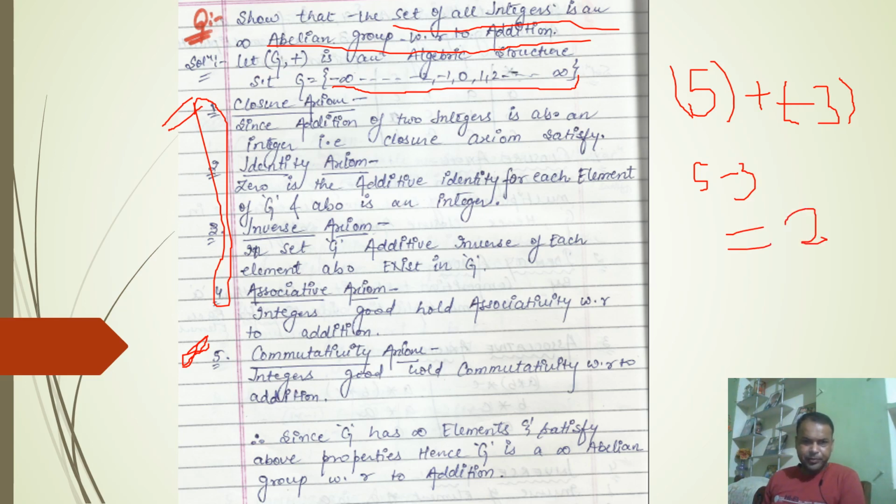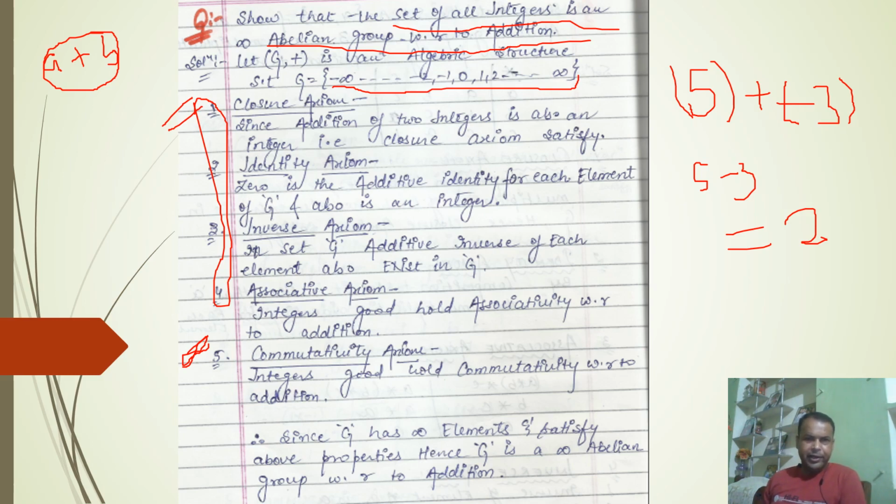It means if we take any two elements A and B and we take their sum, then the resultant will also belong to this family, and the family is the integer family. So it is obvious that our closure property is satisfied here, because the sum of every two integers will always be an integer. It can't be float.